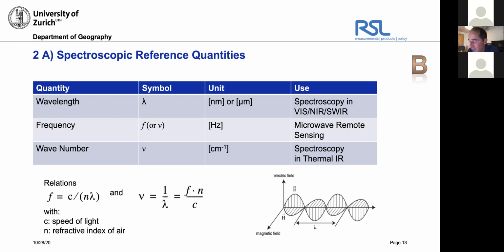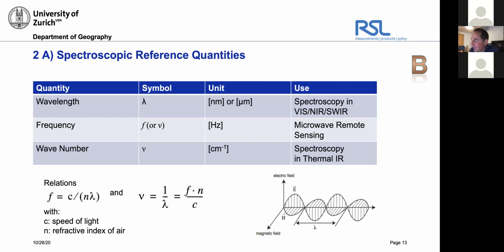If you're going through the atmosphere, this doesn't make a big change, but still you get a difference in maybe the third digit, because the index of refraction of air is about 1.001, so you get this difference of wavelength compared to the vacuum.